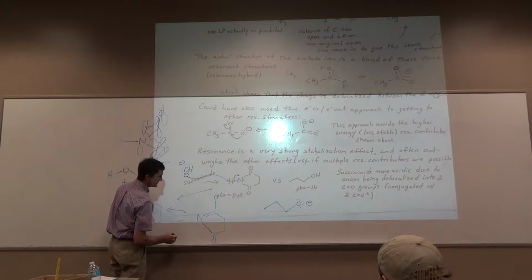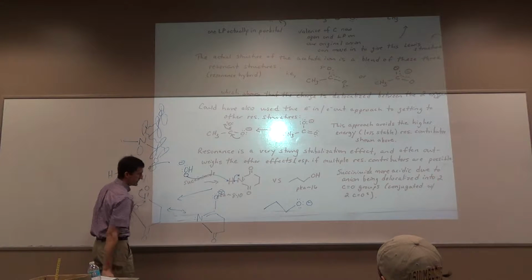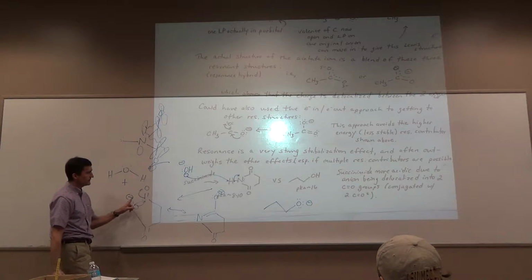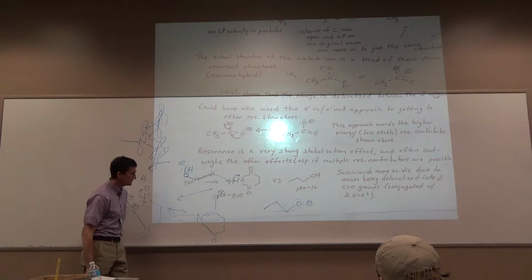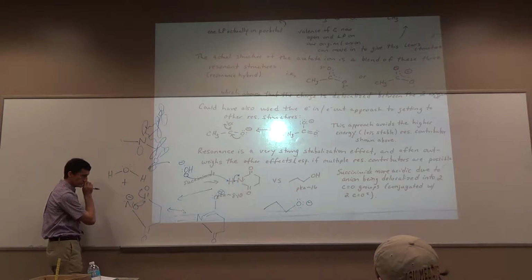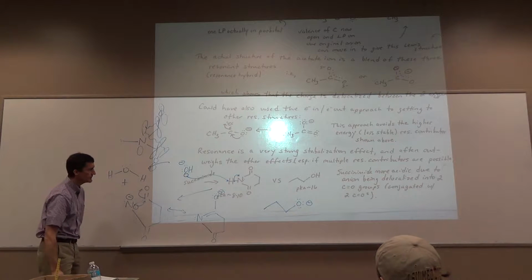A lone pair left, and now that's a minus charge there. And we have delocalized the charge onto the oxygen. This charge is not just sitting on the nitrogen. It's delocalized by resonance.